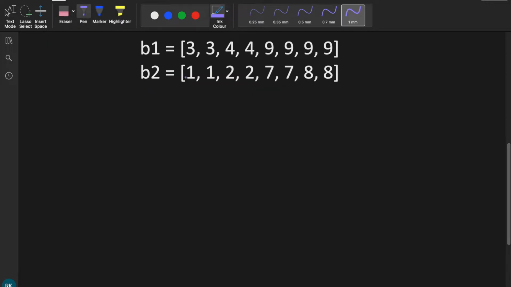Now let's assume we are given this input where B1 is basket1 and B2 is basket2, and these are the elements. Now to make both B1 and B2 equal, we have to transfer some elements: some from basket1 to basket2 and some from basket2 to basket1. Looking at the array, it is very clear that there are two occurrences of 3 here, so we have to transfer one 3 to basket2.